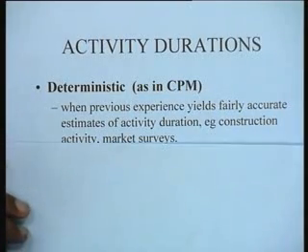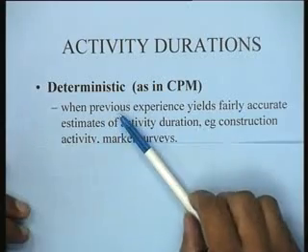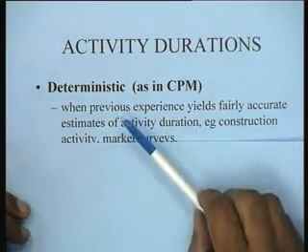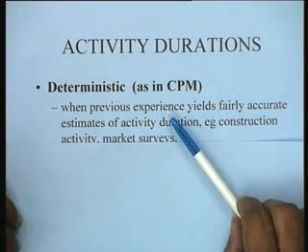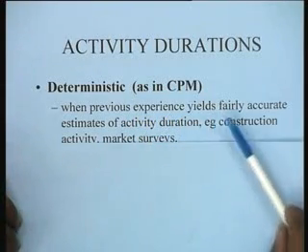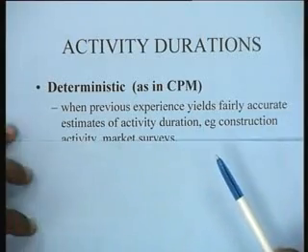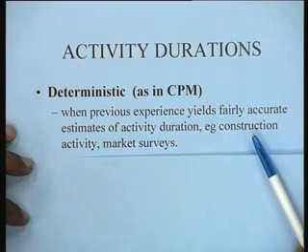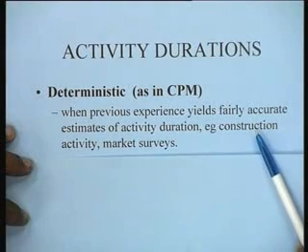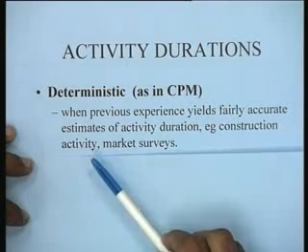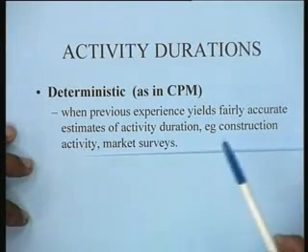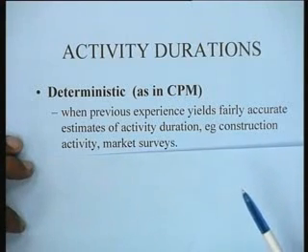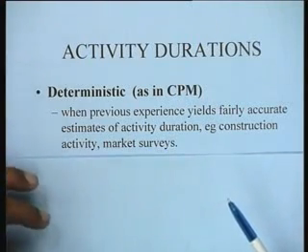The important thing to note is that deterministic estimates of time are typically used when previous experience yields fairly accurate estimates of activity duration, and this would happen for instance in construction activity, where you have estimates of time of various activities, or in conducting market surveys for which you have previous experience, and therefore you can estimate the times quite exactly.